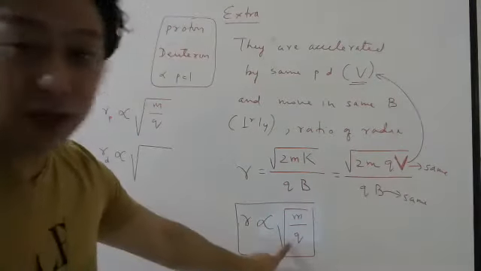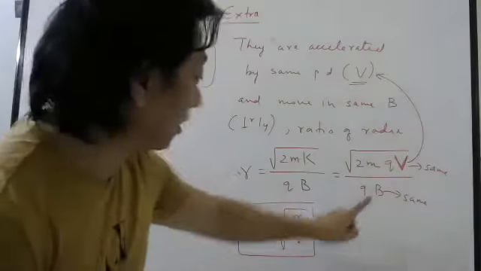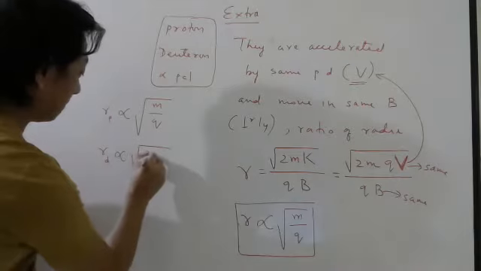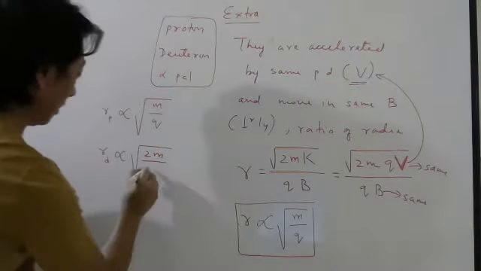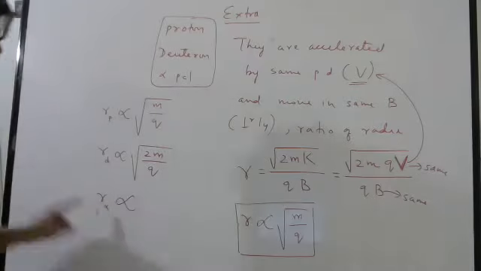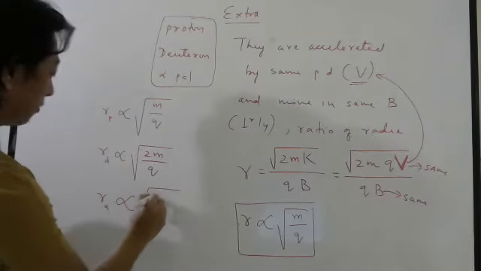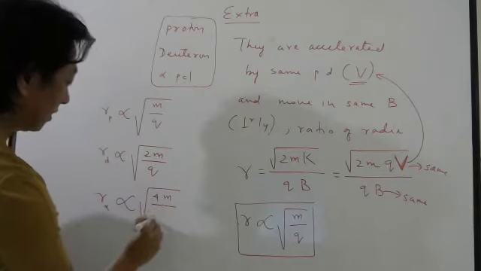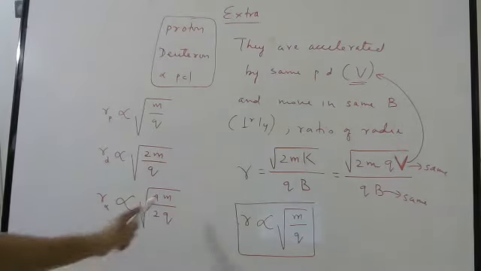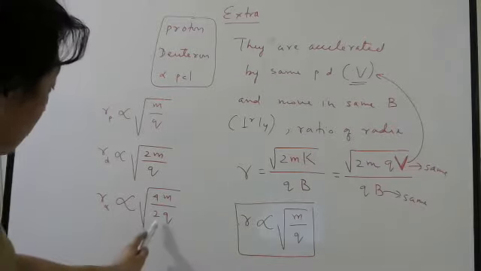And why root q in the denominator? Because there is q here. Now for deuteron, what is the mass? 2m. Charge q only. For alpha, what is the mass? 4m. Charge is 2q. Correct? Mass is 4m, charge is 2q.